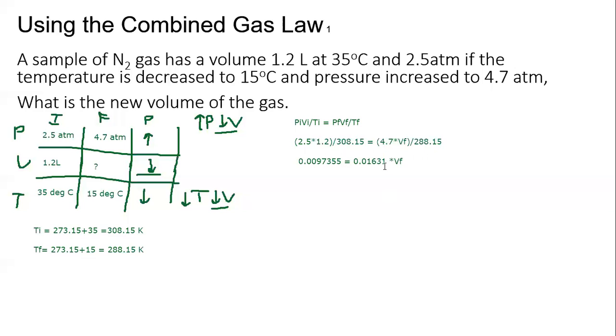to find VF, we need to divide both sides by 0.01631. So when we do that, we get 0.6 liters.